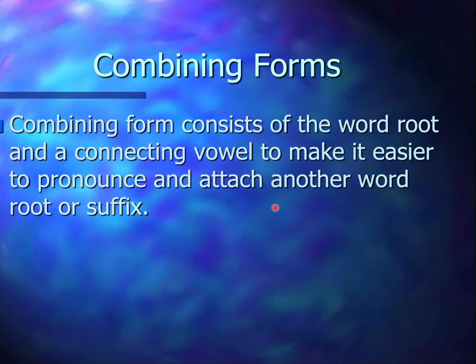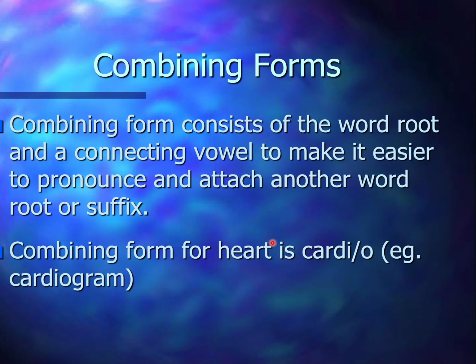It is not always easy to pronounce when we put the suffix without an intervening vowel between the root and the suffix. We will see that in the following example. Cardi means heart. When we want to add gram to cardi, we can't say cardigram. No, we have to add o. So we have cardiogram. We should add this vowel letter to make it easy to pronounce.